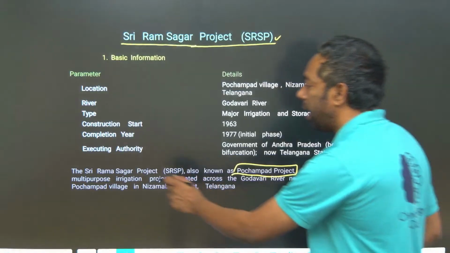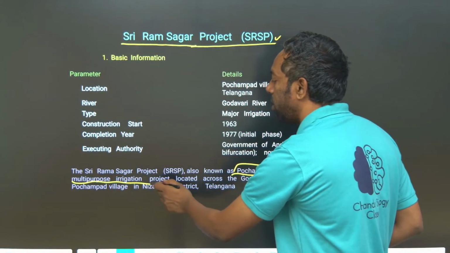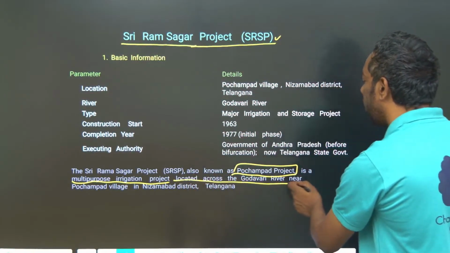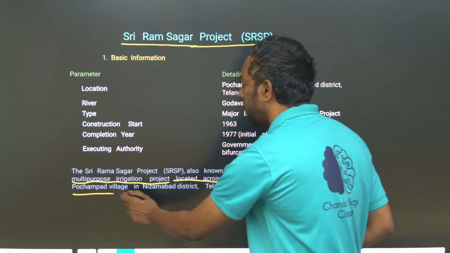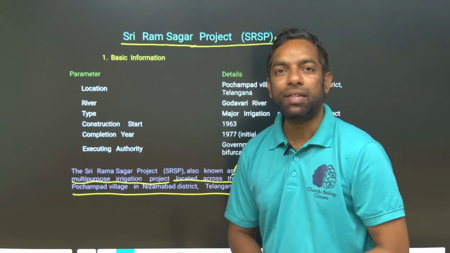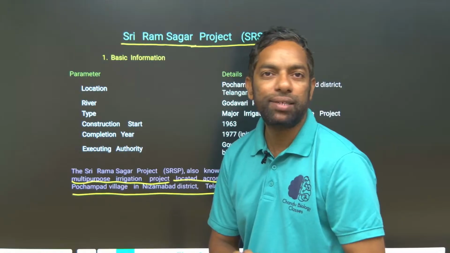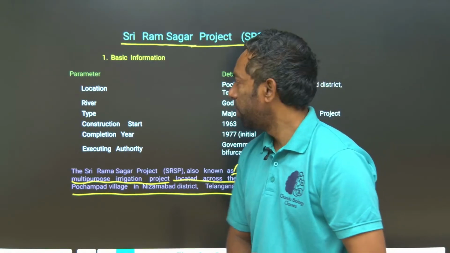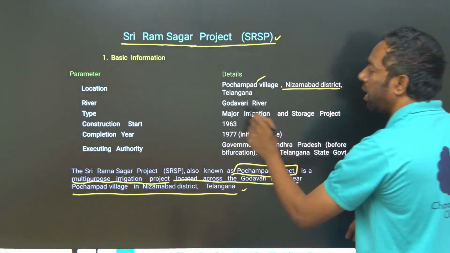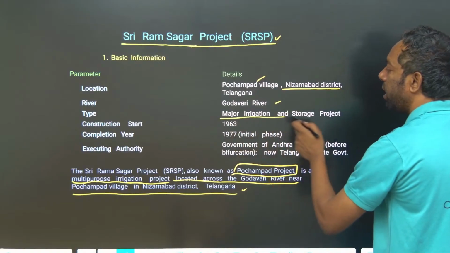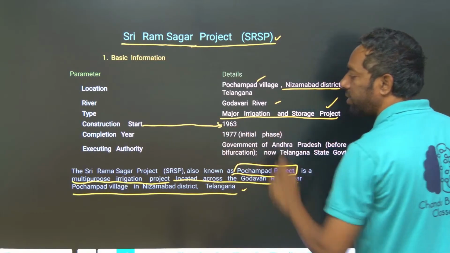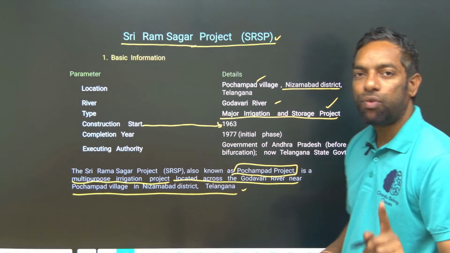It is a multi-purpose irrigation project located across the Godavari river near Pochampad village, Nizamabad district, Telangana. We can call it the Pochampad project also. It is a major irrigation storage project on the river Godavari. Construction started in 1963, which is most important; this is the oldest project.